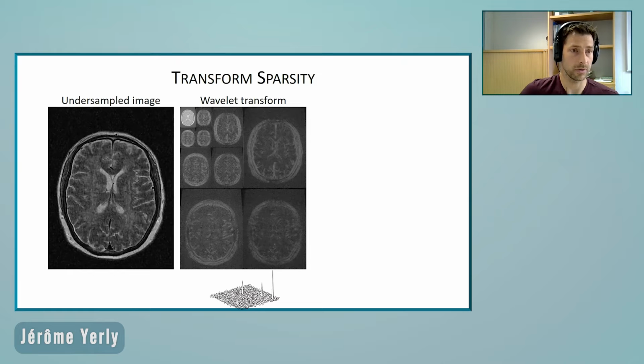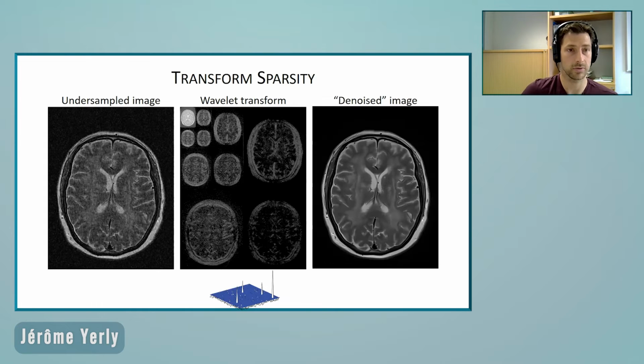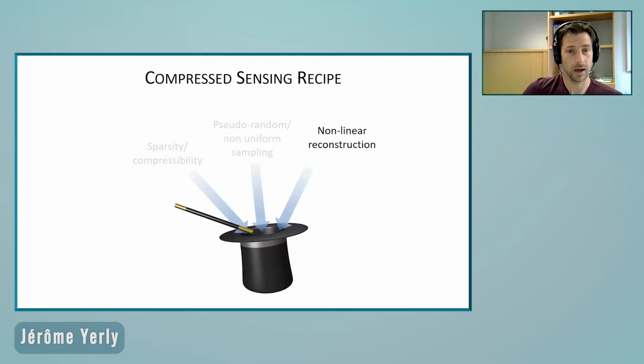We compute the wavelet transform, and then we can apply some kind of threshold in this wavelet domain as well to clean the image, and then go back into the image domain by taking the inverse wavelet transform, and we obtain this nice image, like a denoised version of the image. So hopefully now you understand a bit better why we need sparsity and why we would like to have incoherent undersampling artifacts in the sparse domain.